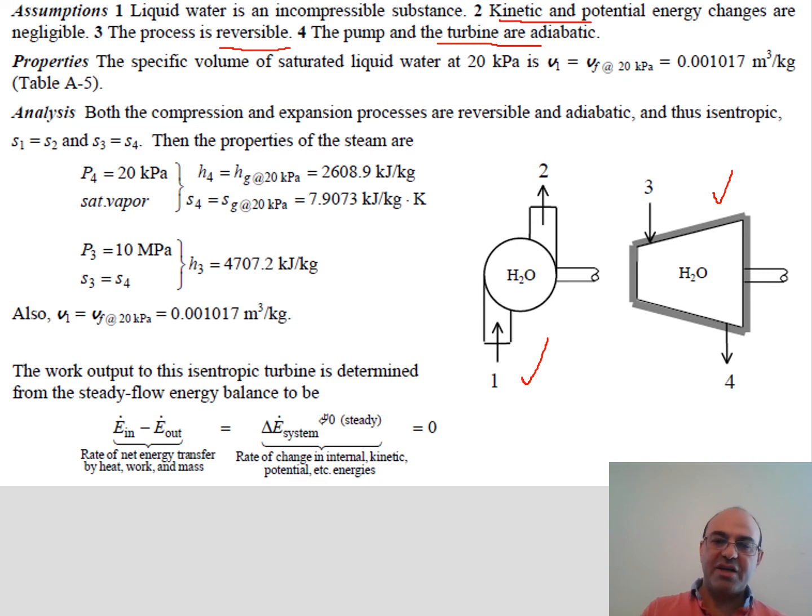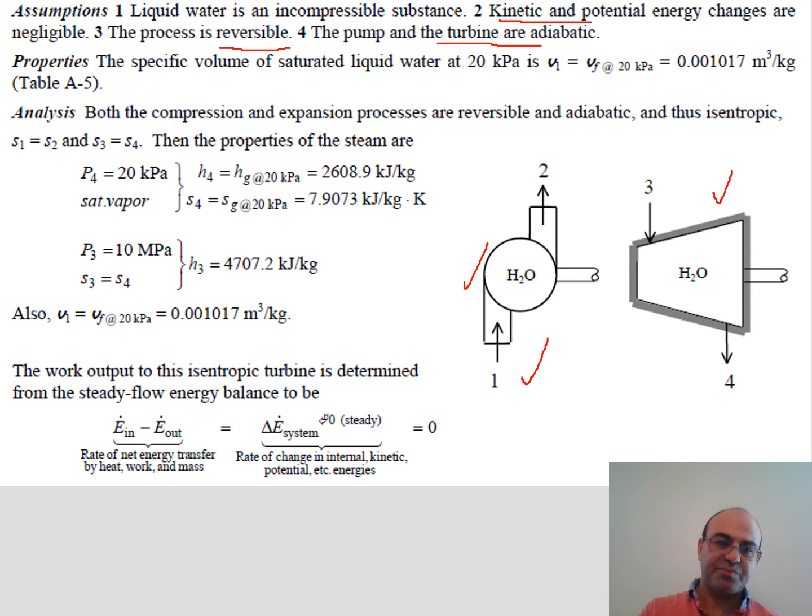Okay, so then we need to find the properties because we want to find the work of the pump and the work of the turbine. So we need to know the properties at the inlet and outlet. And by properties, it essentially means we need enthalpy because when we write the first law, the enthalpies appear. So we do need to find enthalpy.